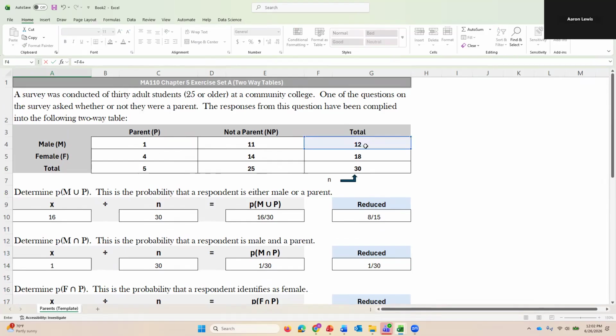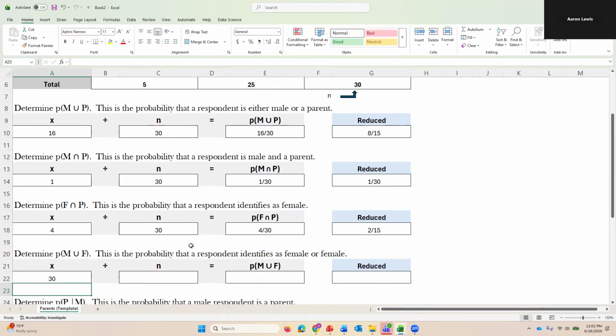That meets one of the conditions, and all 18 students who identify as female meet that condition. So all 30 of the N equals 30 students in our sample meet this condition, and 30 divided by 30 is just 1 if we reduce it down to a whole number. And that's the way that it should be.